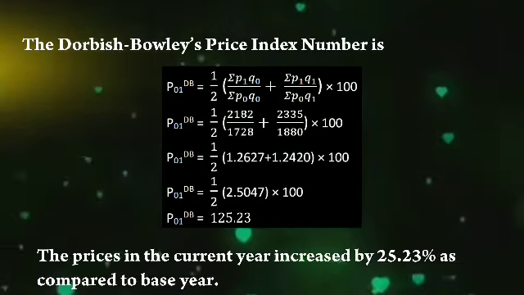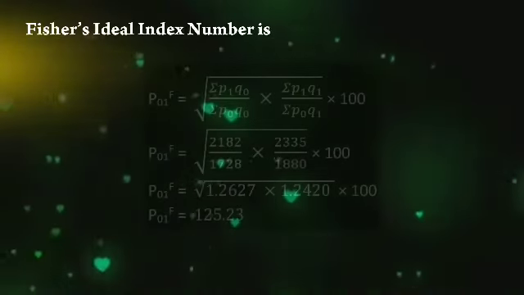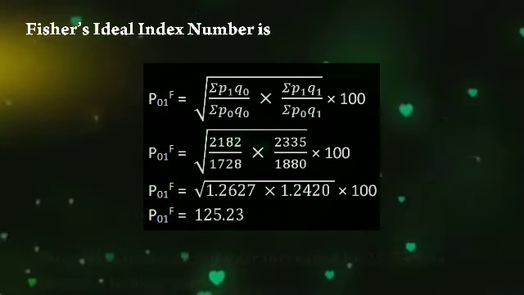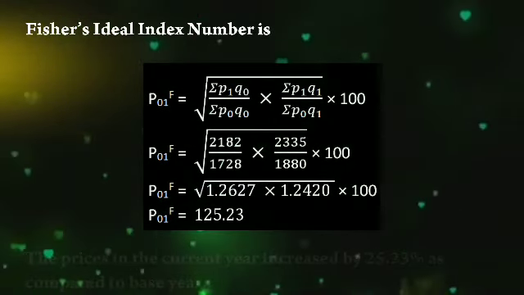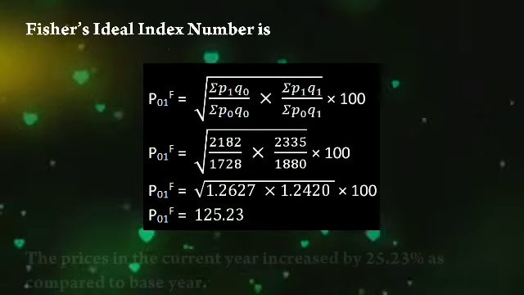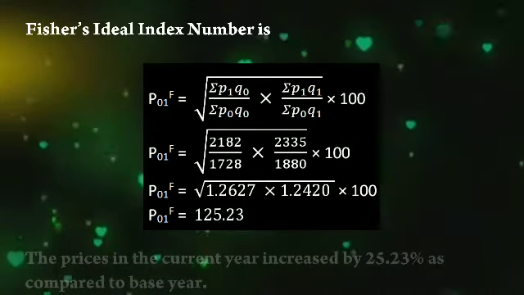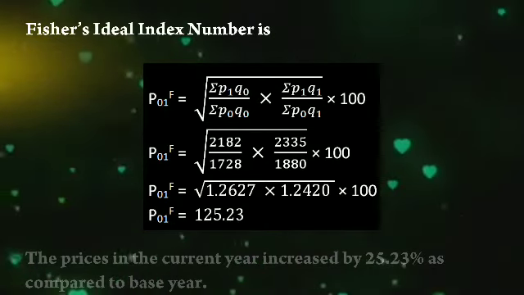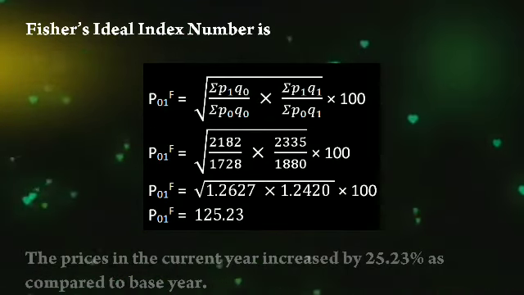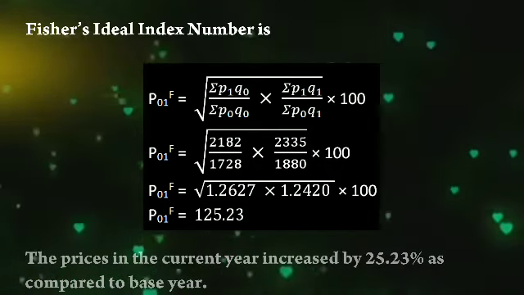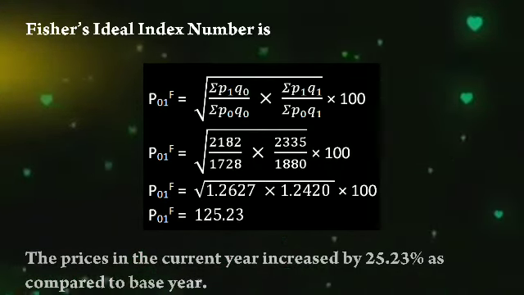Last one, find Fisher price index number. So P01 of F equal to square root of sigma P1 Q0 divided by sigma P0 Q0 into sigma P1 Q1 divided by sigma P0 Q1, which is multiplied by 100. Substitute in the formula. 2182 divided by 1728 into 2335 divided by 1880, which is multiplied by 100.